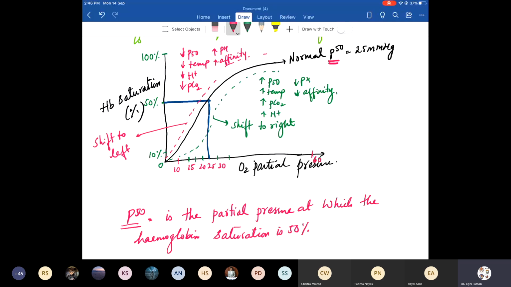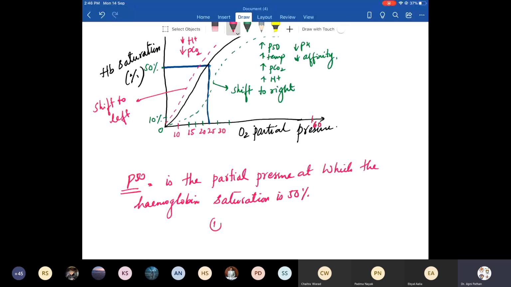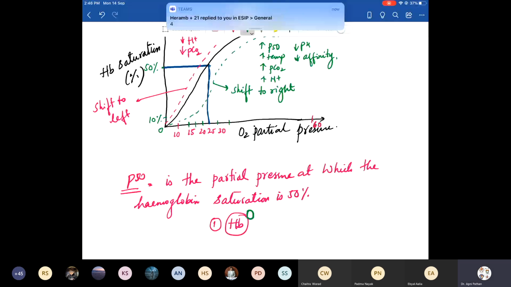How many molecules can a hemoglobin bind? One hemoglobin can bind how many molecules of oxygen? 4. So 4 molecules. Now this is 100% saturation.